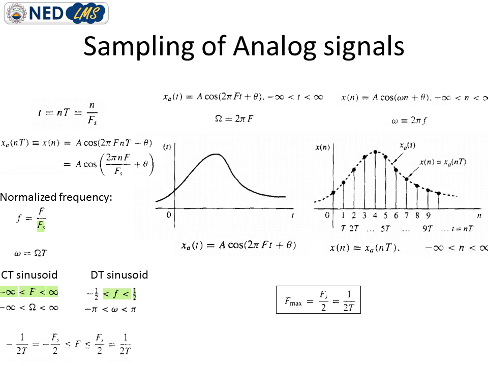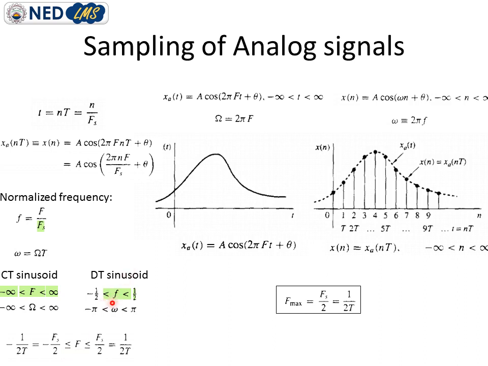So using this important relation, that the discrete time sinusoid frequency ranges from minus half to half, and replacing this normalized frequency by F over Fs, we will get this expression, which is indicated by the pointer.